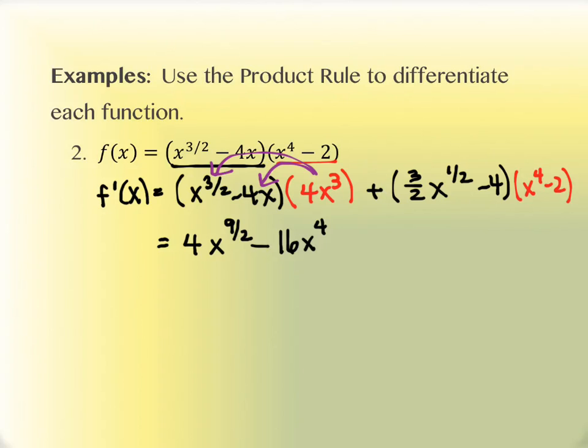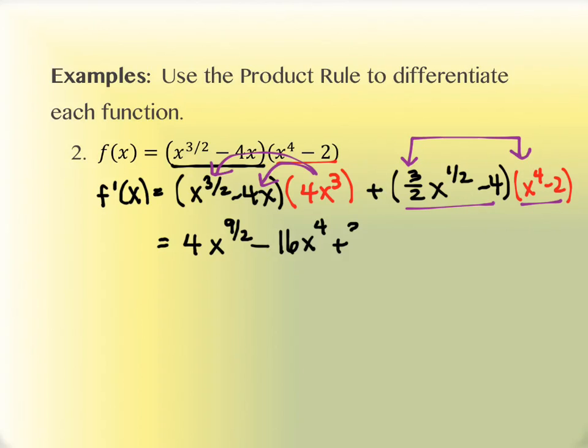That was the easier of the two pieces because I had a monomial, 4x cubed, times a binomial. The problem with the other one is that I have a binomial, 2 terms by another 2 terms, so I have to FOIL is probably the acronym you're remembering. So we've got the first terms. So I have 3/2 x to the 1/2 times x to the 4th.